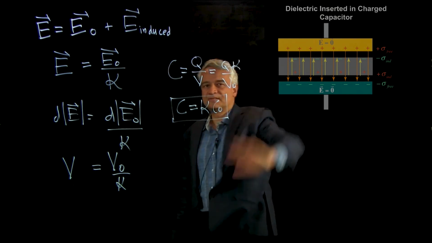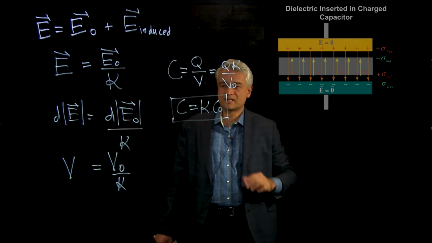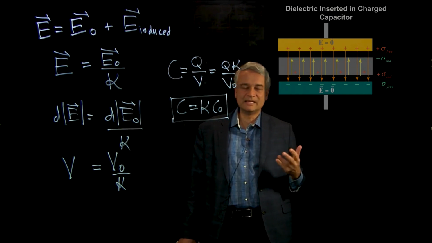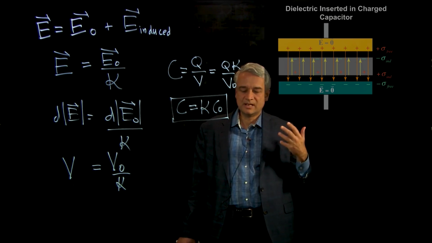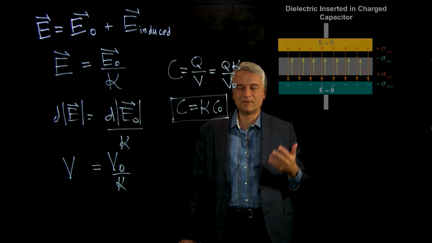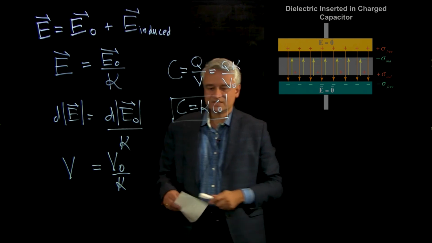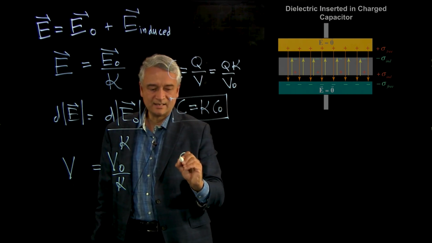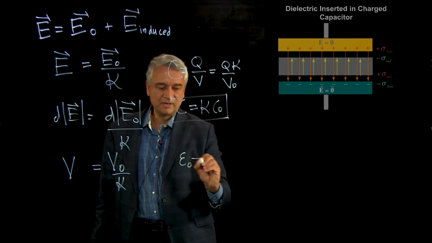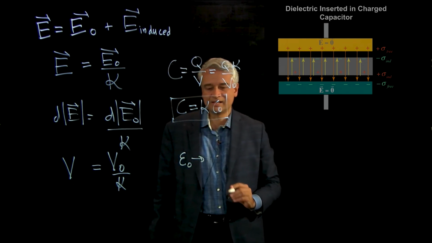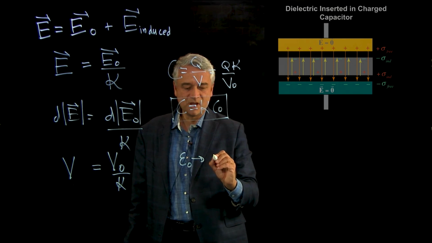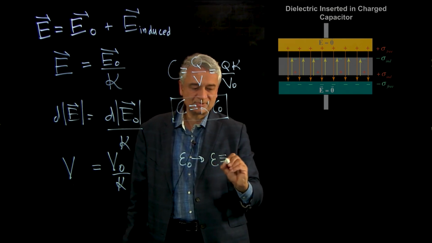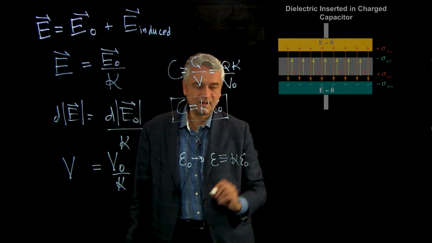And all of these different expressions can all be summarized by the single, in some ways, easiest mnemonic way of remembering what a capacitor does. The easiest way of remembering all of this is, and you can track it through, that the introduction of the dielectric increases epsilon naught to epsilon, where epsilon is kappa times epsilon naught.